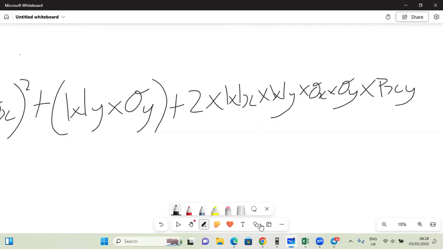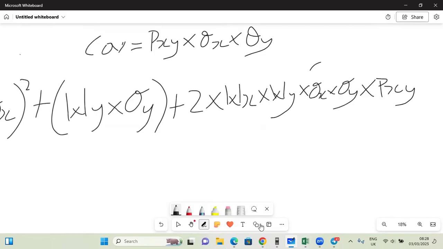But correlation can also be computed this way. Covariance is equal to the correlation of X and Y times the standard deviation of X times the standard deviation of Y. So we can just replace that here with the covariance.